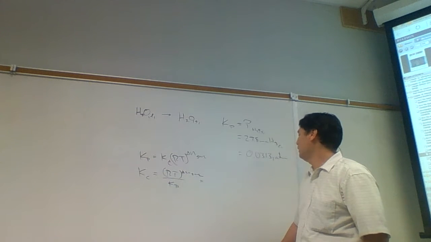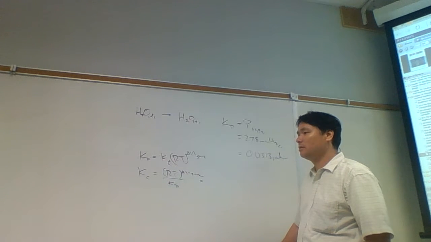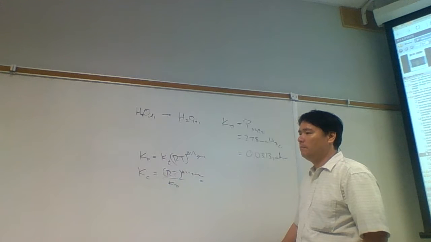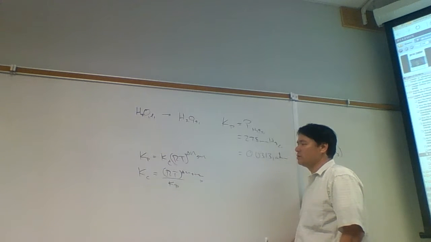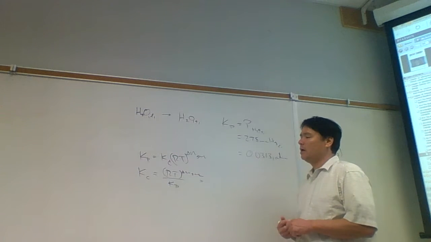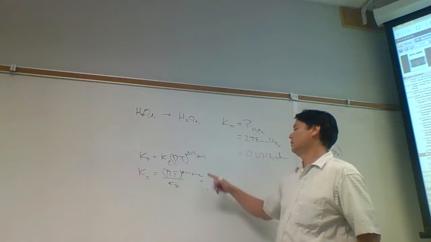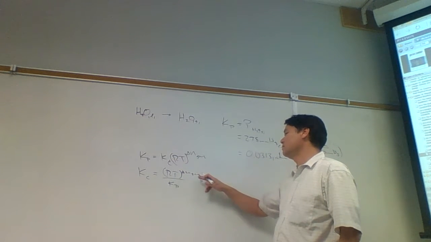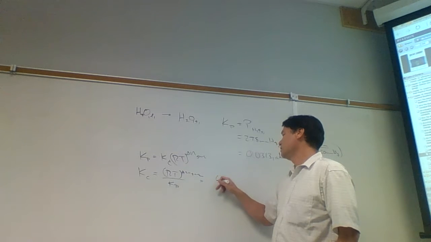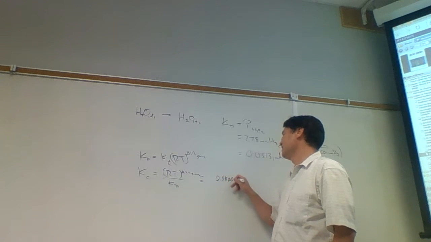Now, I have it memorized for atmospheres, but for bar, I would have to convert it, which isn't a hard conversion as long as you know the conversion from atmospheres to bars, but here they want it in atmospheres, so this is good enough. We'll just do it in atmospheres here. And so this is 0.08206.